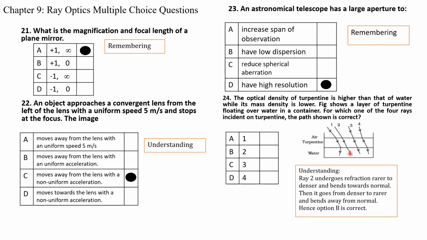See, water is rarer medium as compared to turpentine. So the ray bends away from the normal. So path 2 is correct. Here option B is correct. So let us mark option B, that is ray 2, as the correct answer, and lock it. Next question.